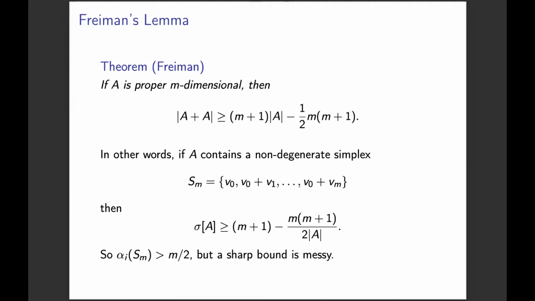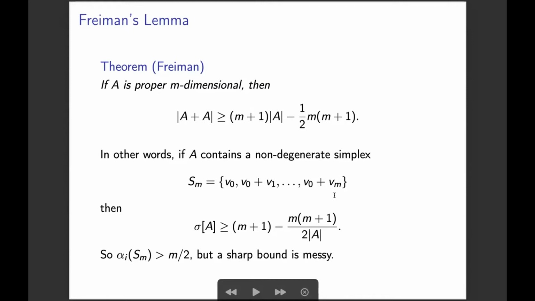So if we look at the Freiman theorem, it's not the hard one, but it's sometimes called the Freiman lemma. It says that if a set A is properly m-dimensional, which means that it cannot be contained in an affine subspace of lower dimension, then it has a sum set at least (m+1) times |A|, modulo some error factor.